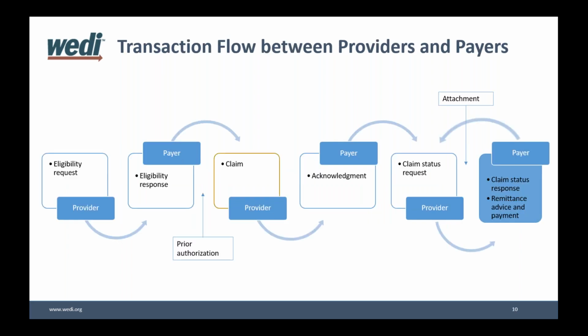And really, this is about the electronic transaction flow between providers and payers. So again, we have providers and payers interacting all along this workflow until we get to the remittance advice and the payment.